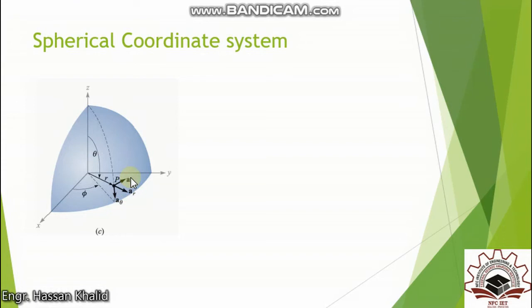It's different from the cylindrical coordinate system, because there we had the information regarding the z-axis, but here that z is being replaced by the phi.